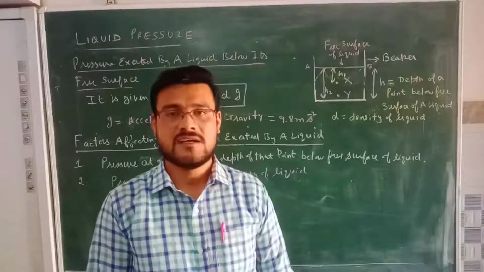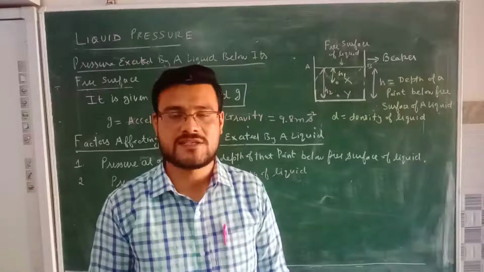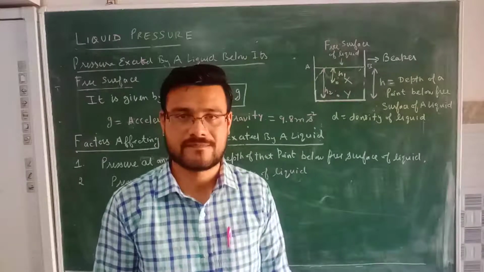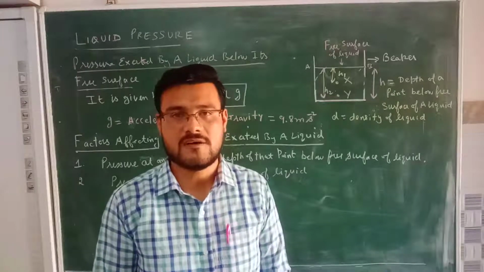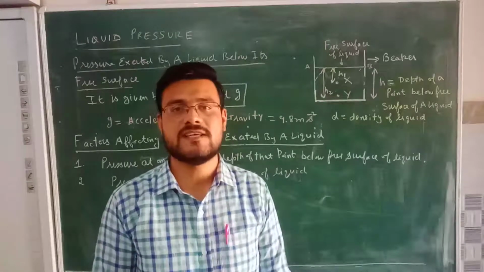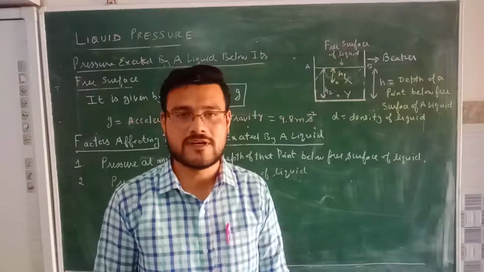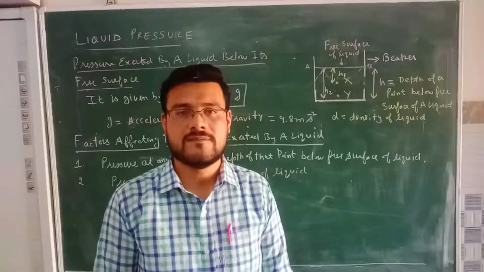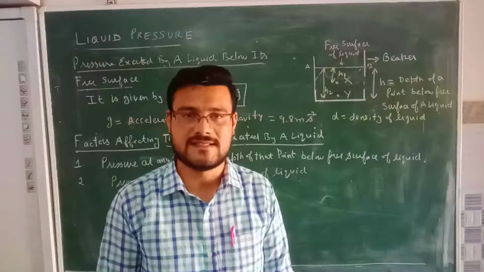In both cases, the value of H for water as well as for oil will be the same. But we know that the density of oil is less than the density of water. This means the pressure exerted by the water at the base of the container will be more than the pressure exerted by the oil, because oil has less density.